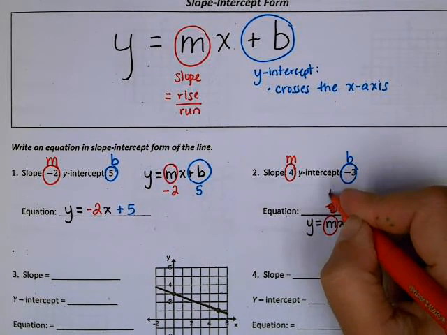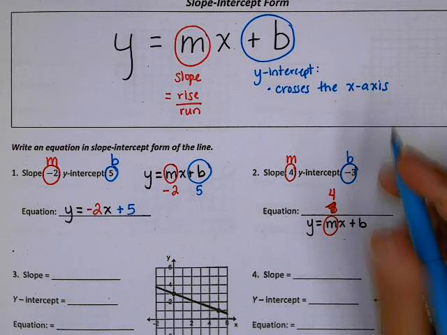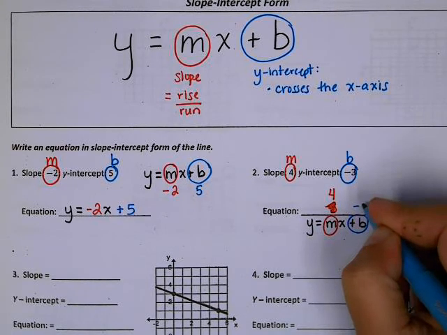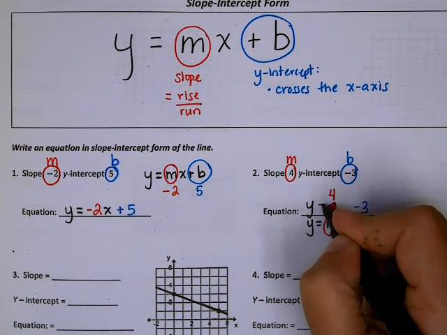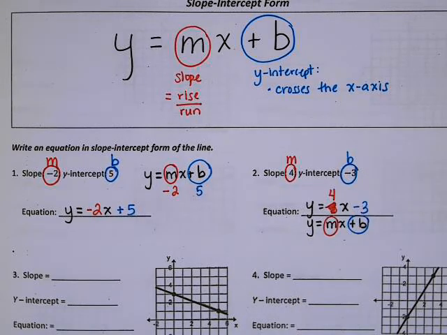I'm reading the wrong problem now. And the b with -3. And then I'm just going to copy down the y equals and the x. So my final answer would be y equals 4x minus 3.